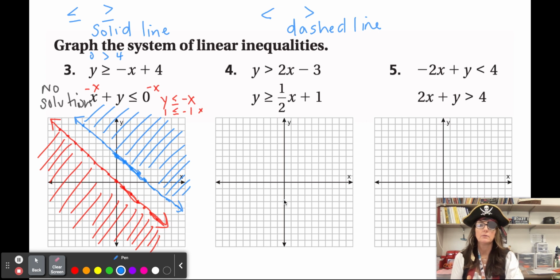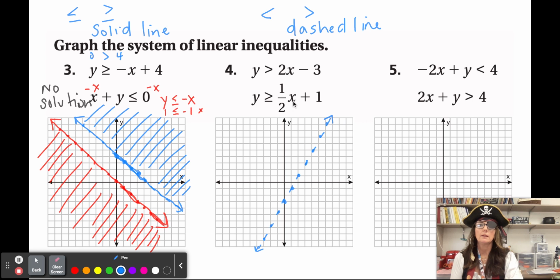So negative 3. This is my dashed line. Okay.